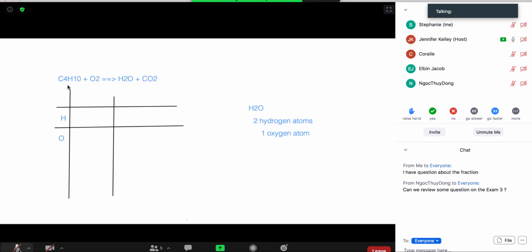All right. So again, we're going to count up the carbon, the hydrogen, and the oxygen. And then the goal in the end is to balance them on both sides so that they equal the same thing. So same number of carbons on the left and same number of carbons on the right.